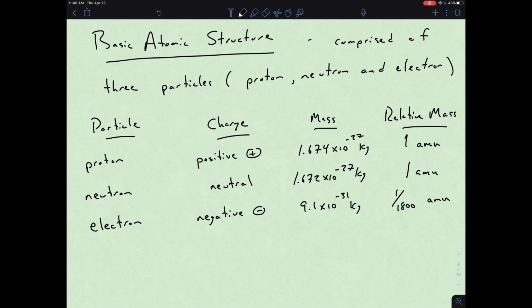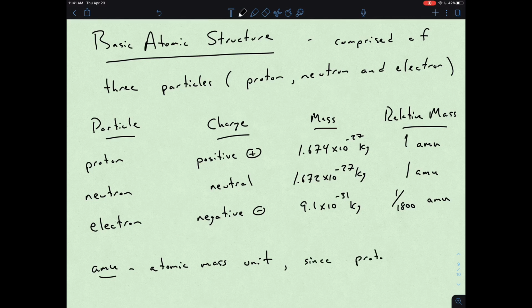So let's get into the AMU. It basically stands for atomic mass unit.